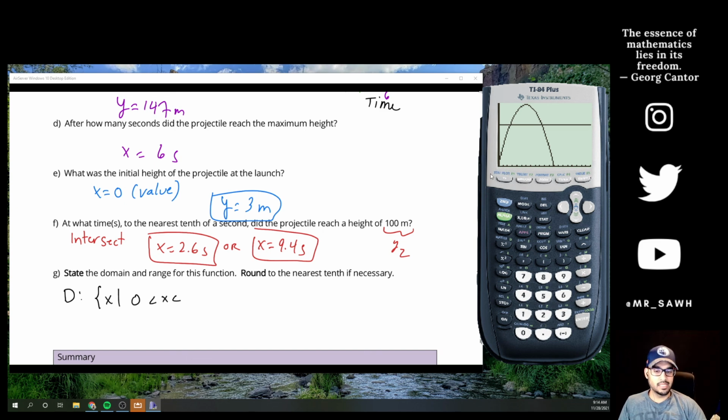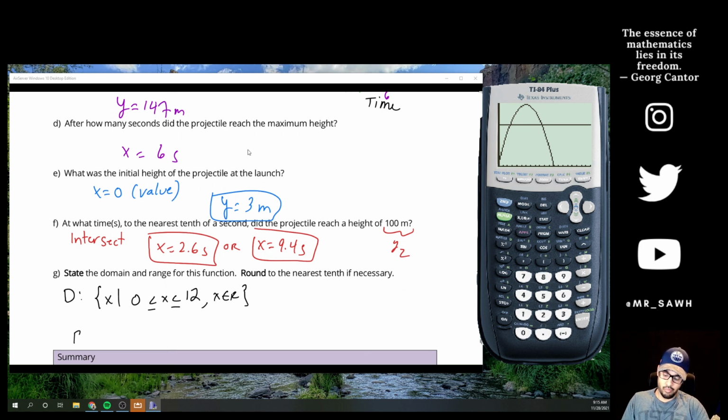As for the maximum time, I know that it takes 6 seconds to reach the top of that vertex, so it must take 6 seconds to come back down. So I know that the maximum time is 12 seconds. And I could be equal to both those values and any value in between, so x is any real number.